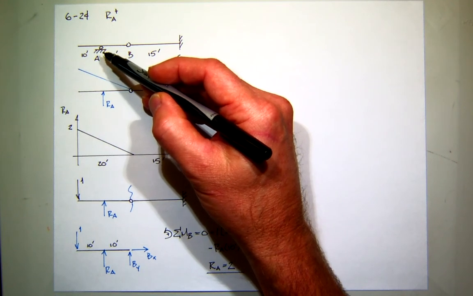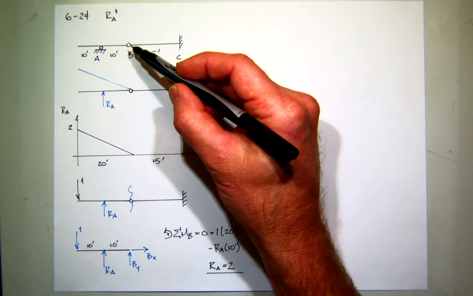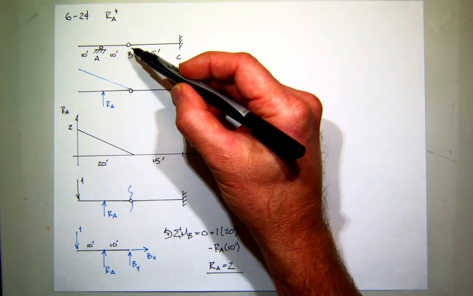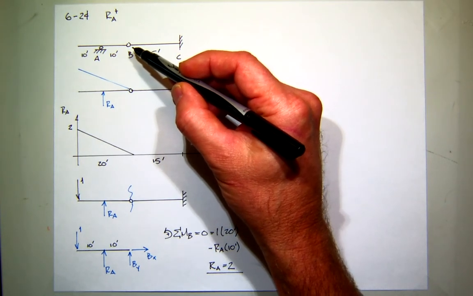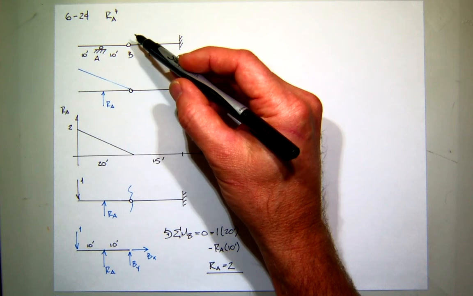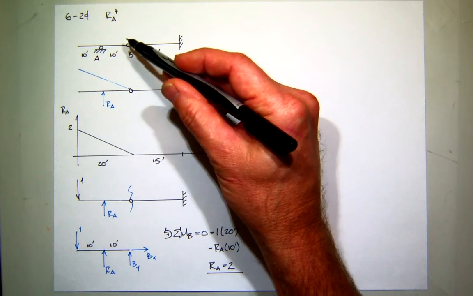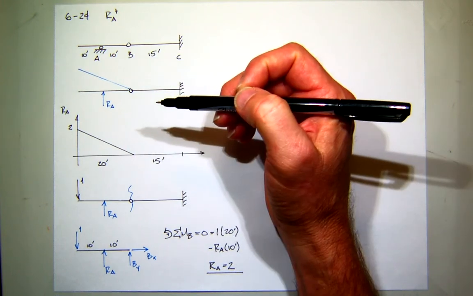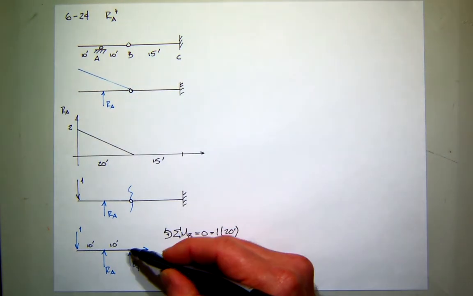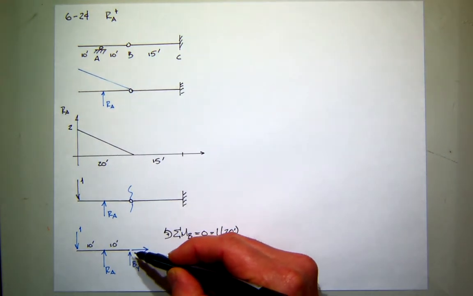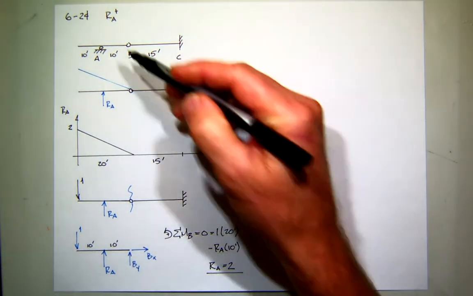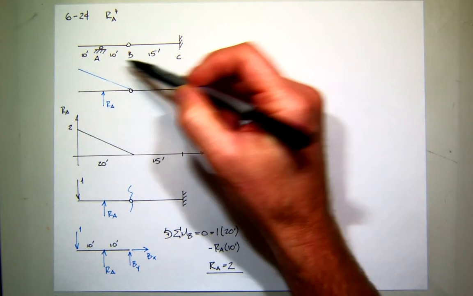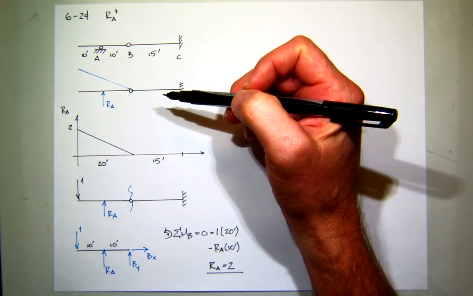It doesn't matter. All you have to know is anytime you see a symbol like that, pin or hinge, no moment. Whatever you want to call it, it has no moment. That's why when I break it apart, I don't have any moment to deal with down here. By the way, if I didn't have that, this would be an indeterminate problem and you couldn't solve it.